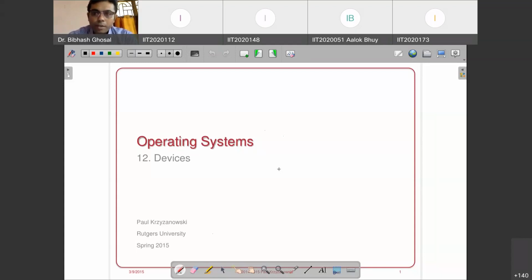Okay, so let us quickly recap the concepts that we covered in the last class, and then we shall move forward. Well, so in this module, we are talking about the concept of I/O management.